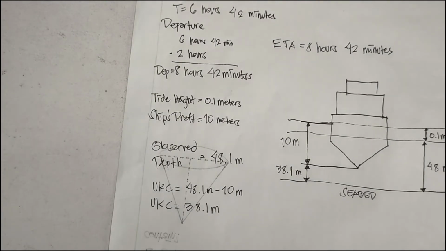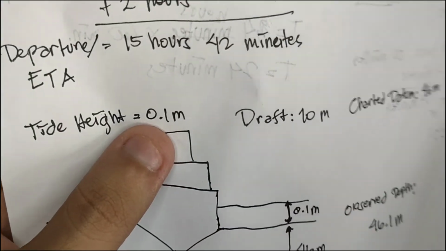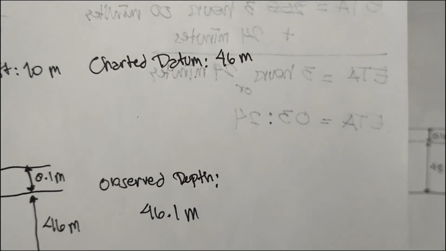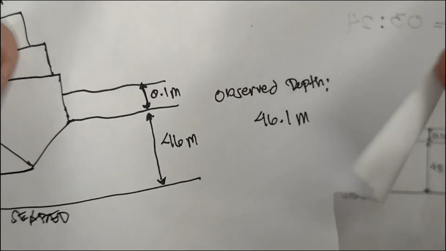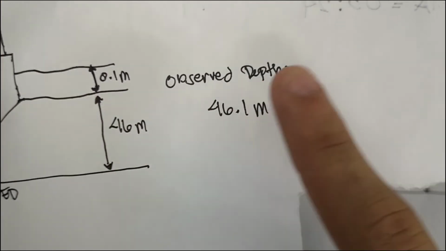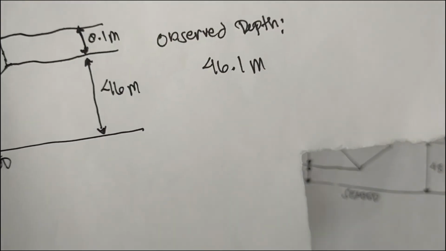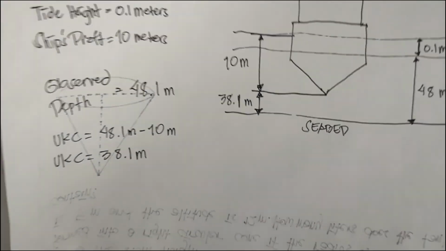So we'll choose the lowest number, which is 46. So that will be its charted datum. Again, the tide height as seen in the table is 0.1 meters. The charted datum is 46 meters. So for the observed depth, we need to add the height of tide and the charted depth, which is 46 and 0.1, so that will be 46.1 meters. Same as Diamante Rock, which has 48.1 meters.